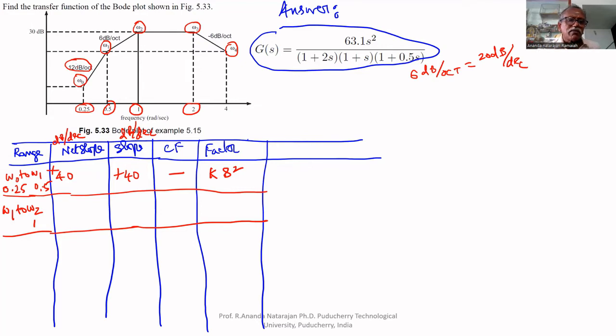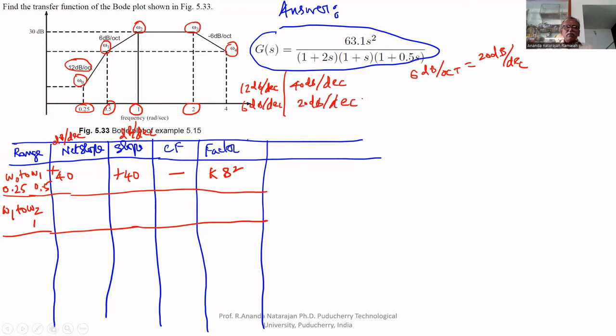The slope has changed from 12 dB to 6 dB, reduced. That is, from 40 dB per decade it reduced to 20 dB per decade.